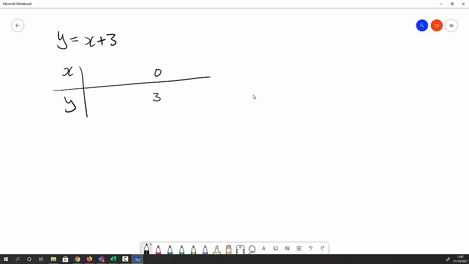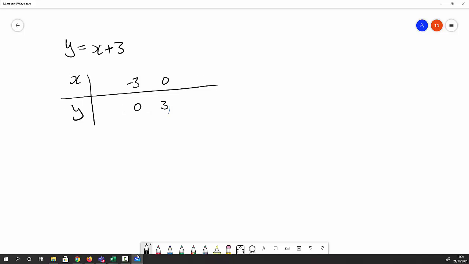Then the other thing I'd like to look at is when y is equal to 0, so when that's 0, x is going to equal minus 3, isn't it? When y equals 0, I move the 3 across to the other side, so it becomes minus 3. So I need some axes, which are like so, and when x is 0, y is 3.